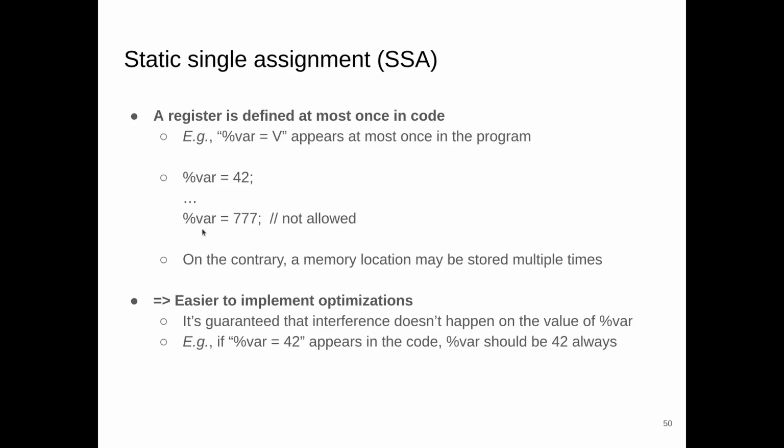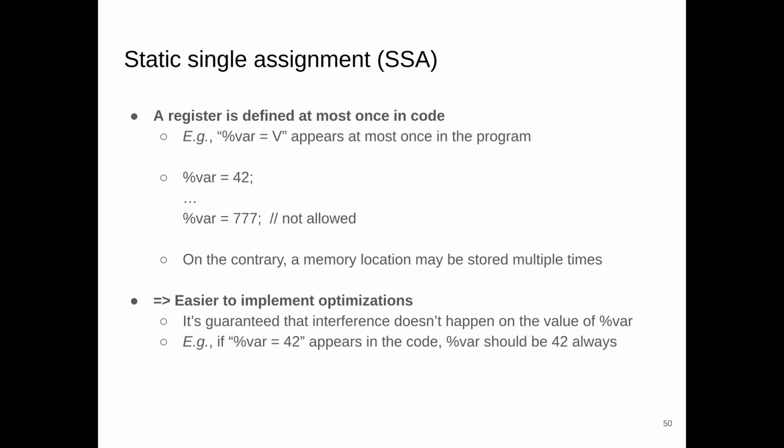But for your information, it is different from memory locations, onto which a value can be stored multiple times. For example, you can store 482 to a memory location A, and later you can store another value, for example 37, to the same location inside the same program. It is a perfectly valid program because SSA doesn't require anything about memory locations.